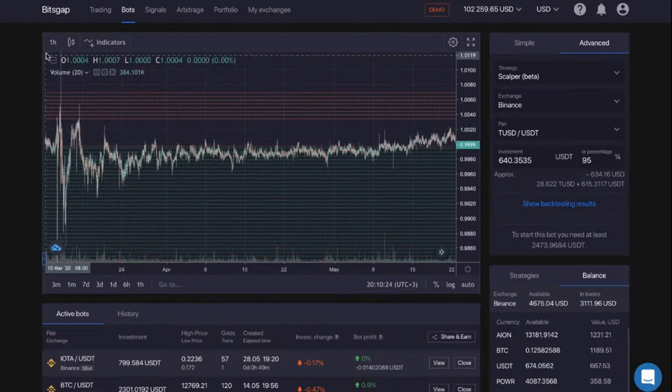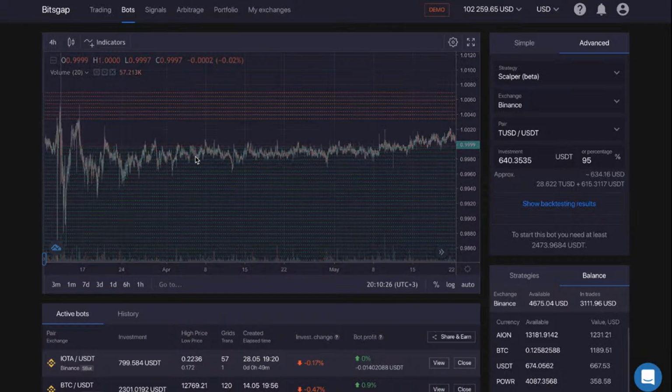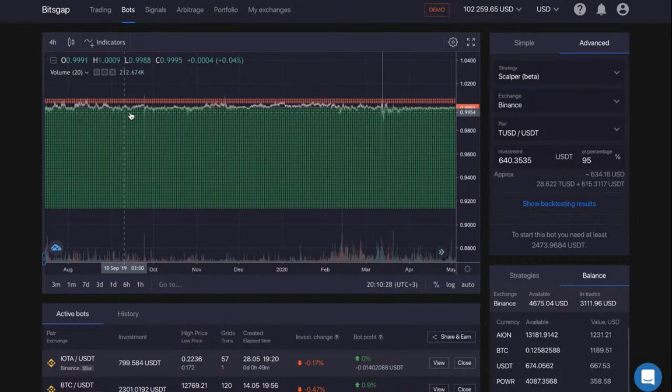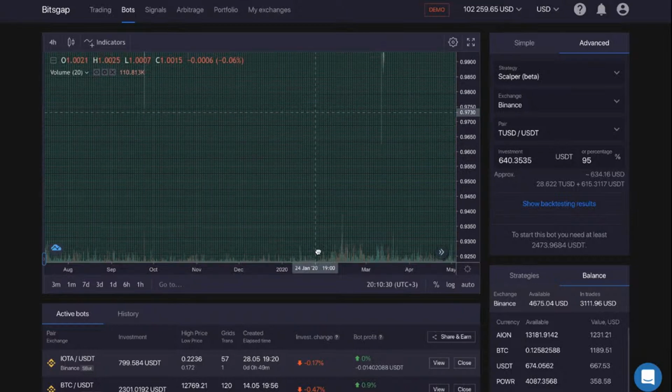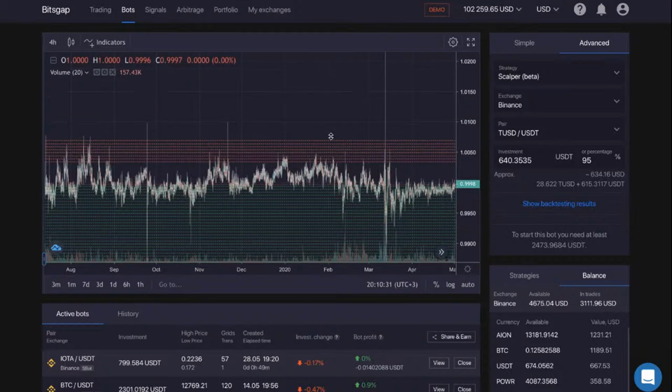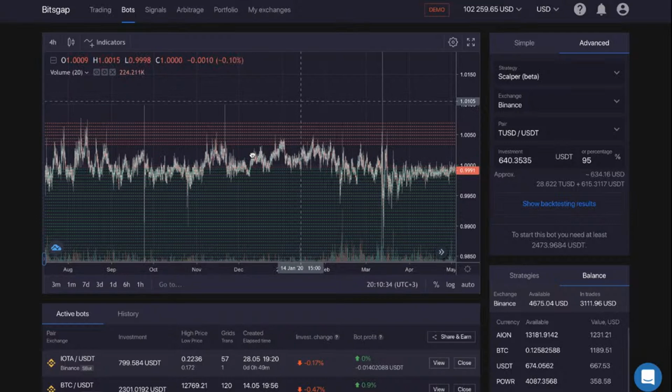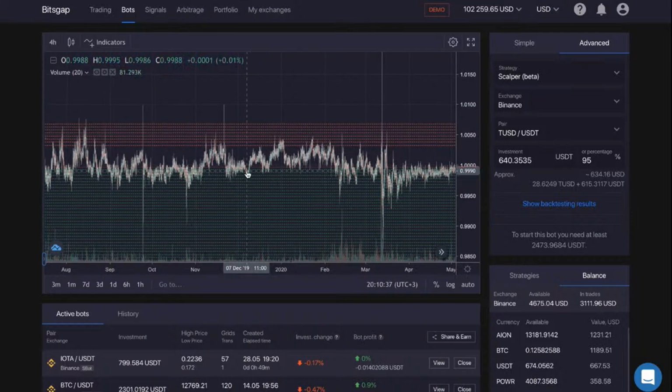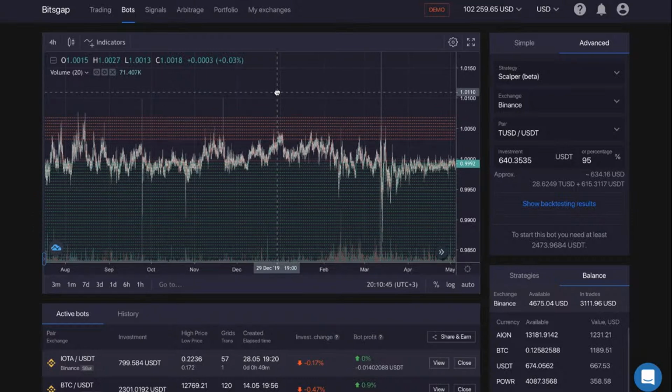Basically, this sideways market is endless, you see? And using the scalper, with so tightly located limit orders, you would be able to basically have an arbitrage on the market.